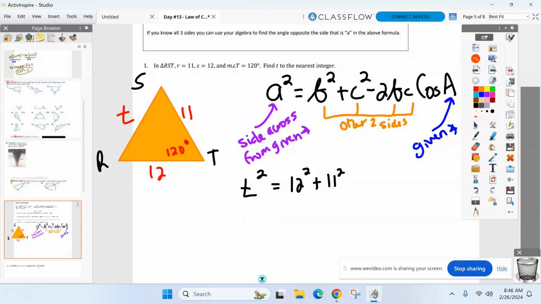Good so far. Let's keep going. Minus 2. That's always there. And B and C are the same B and C we just plugged in. 12 times 11. So 12 times 11. Ready? Cosine. What's my given angle? So the cosine of 120 degrees.